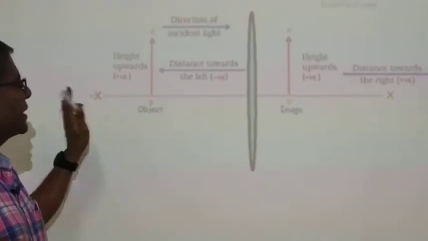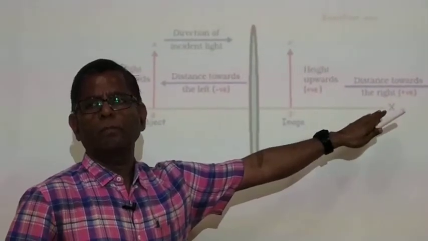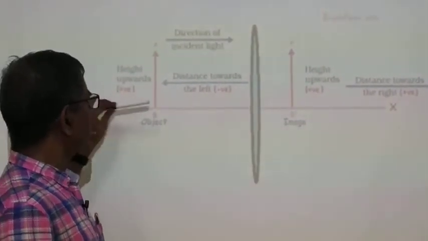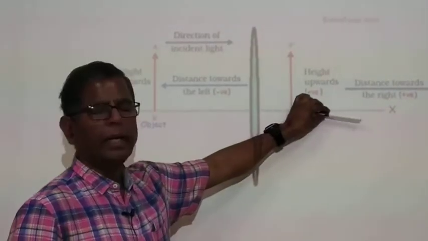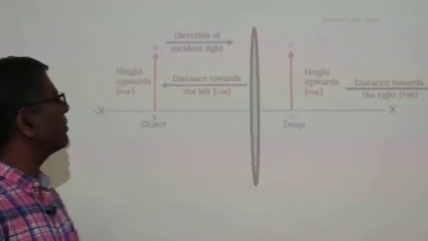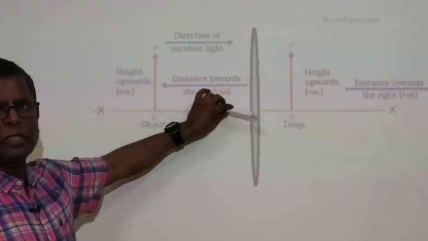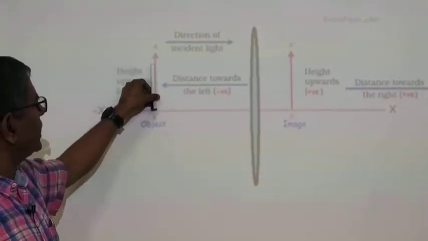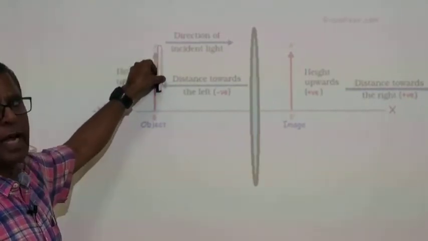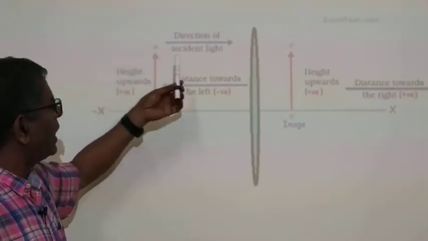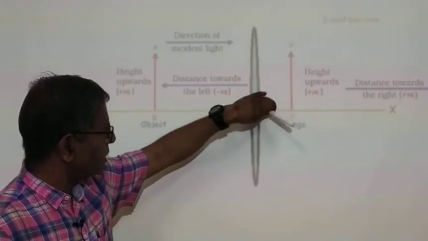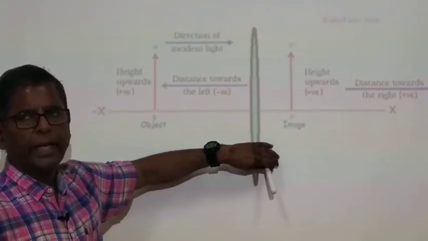The left is minus x and the right is plus x, because the principal axis is along the x-axis. Similarly, the object is kept perpendicular to the principal axis, so anything along the positive y-axis is positive, and anything along the negative y-axis is negative.